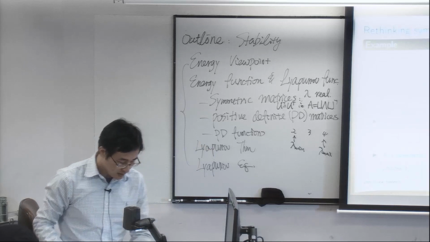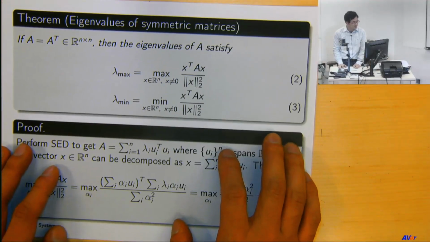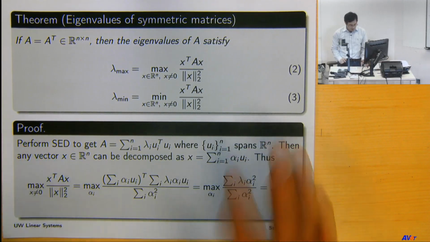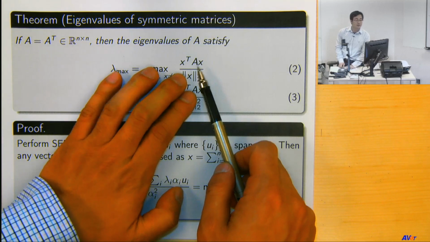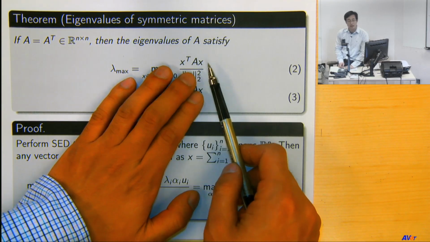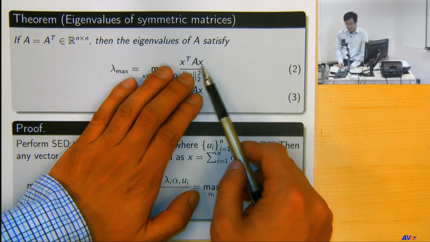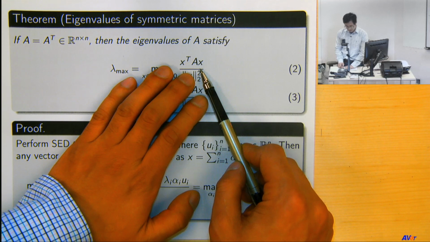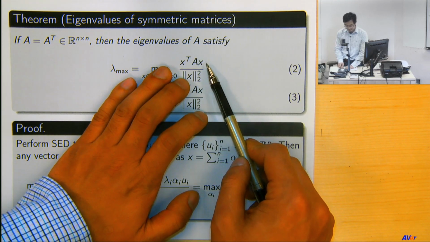All right, so let's take a look at this theorem more carefully. Why do we do this? We talked about energy functions to start with. Energy functions are quadratic functions that look like this: a vector transpose times a matrix times a vector. So this connects very intimately to energy functions.